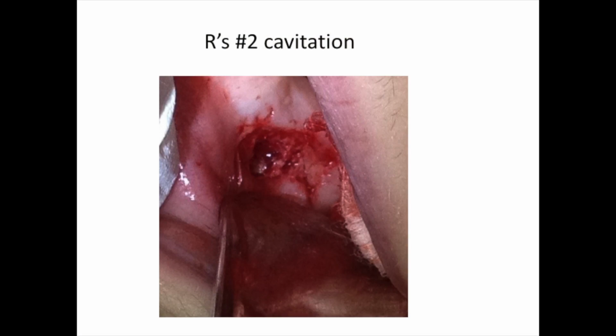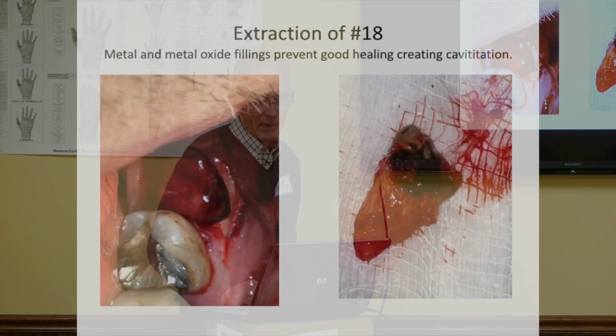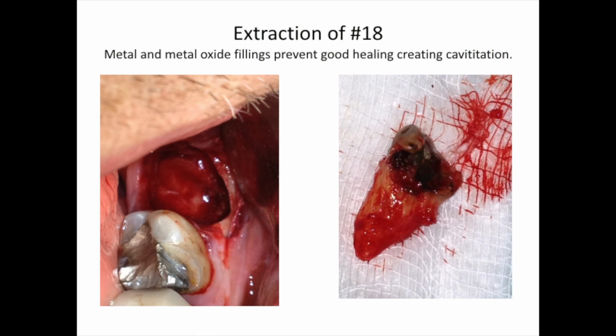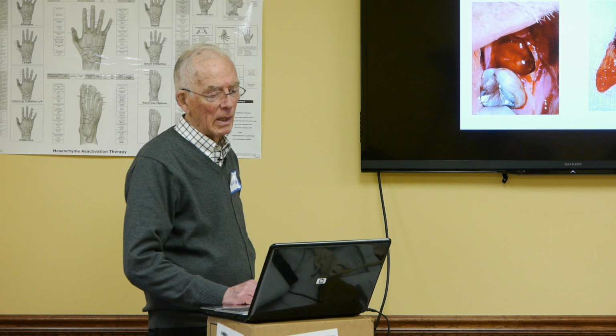This is the number 2 that's on the upper jaw. Cavitation, usually it can pierce right through the bone. It's like an eggshell. This is an extraction of a wisdom tooth. And of course, with the metal filling, chances are that area is going to have to go back and clean it out once we get the metal out of the teeth.